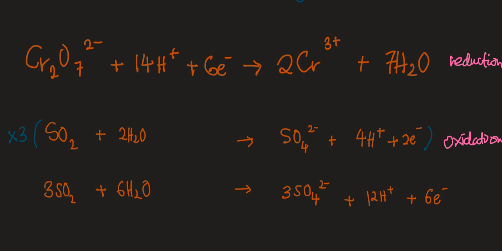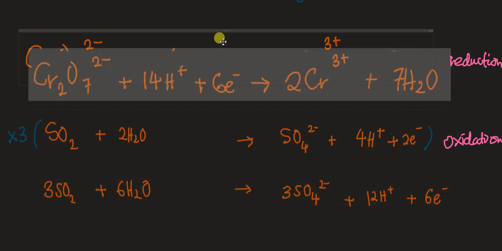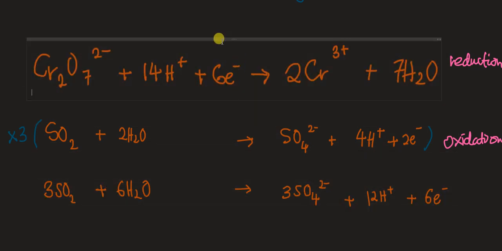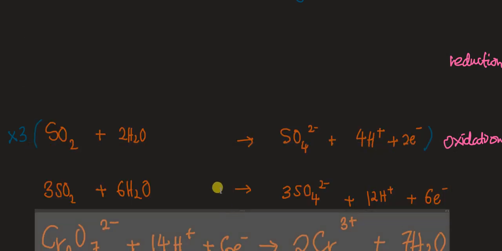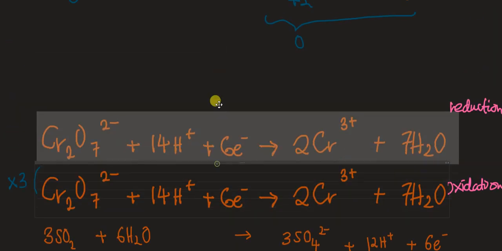So now the electrons released here is the same as the electrons in this half equation. So I'm just going to copy this down, paste it here. Sorry.